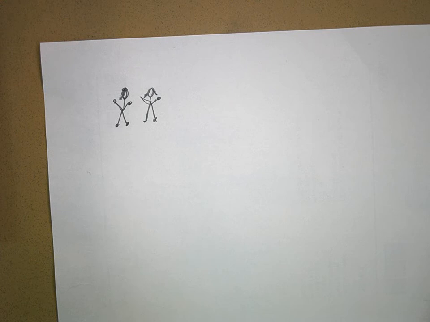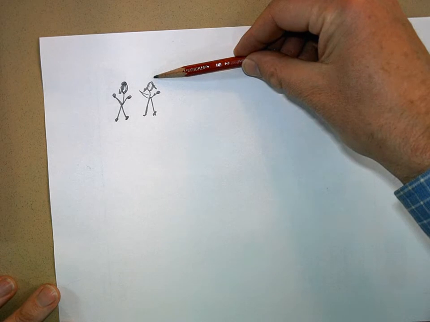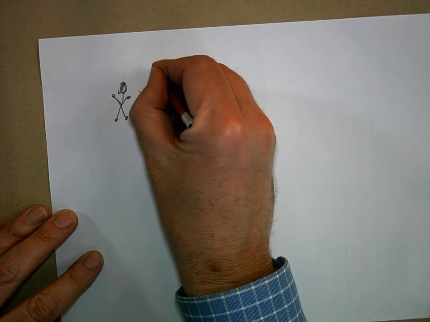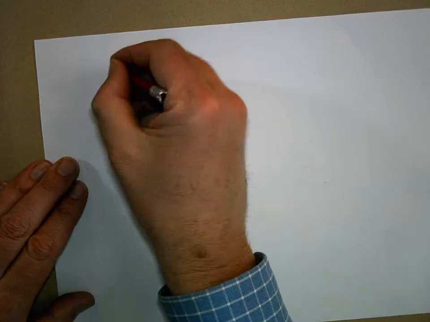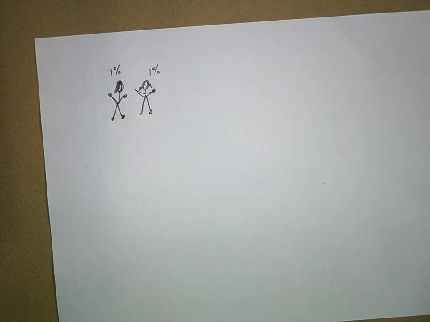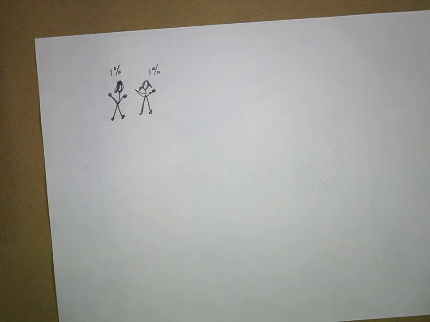I have this magic wand, and I will, just by magic, deposit 1%, just 1% more electrons onto each of them than they have to begin with. That means that for every 100 electrons they already have, I'm just going to give them one additional electron. Just one out of 100.